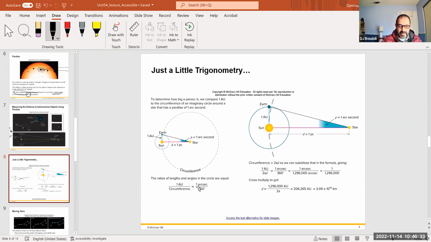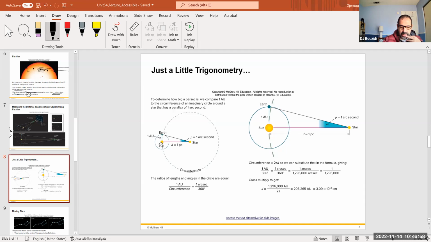This is for an arc second at a distance of, so basically 1 astronomical unit for an object that is at a distance of 1 parsec.